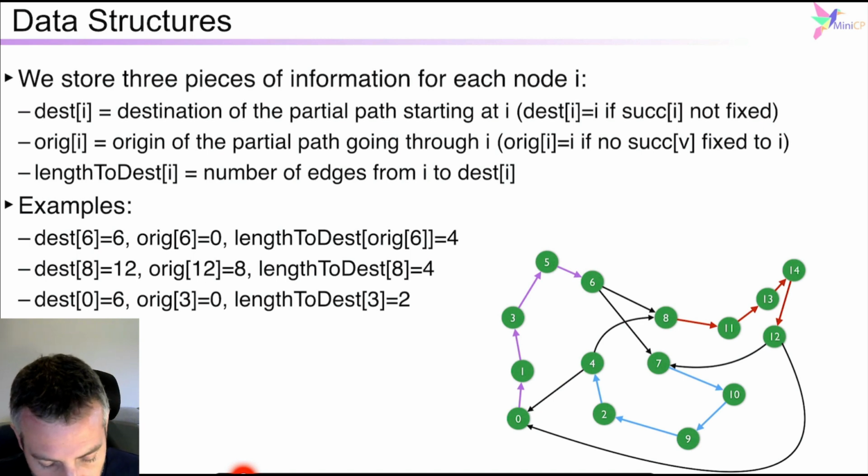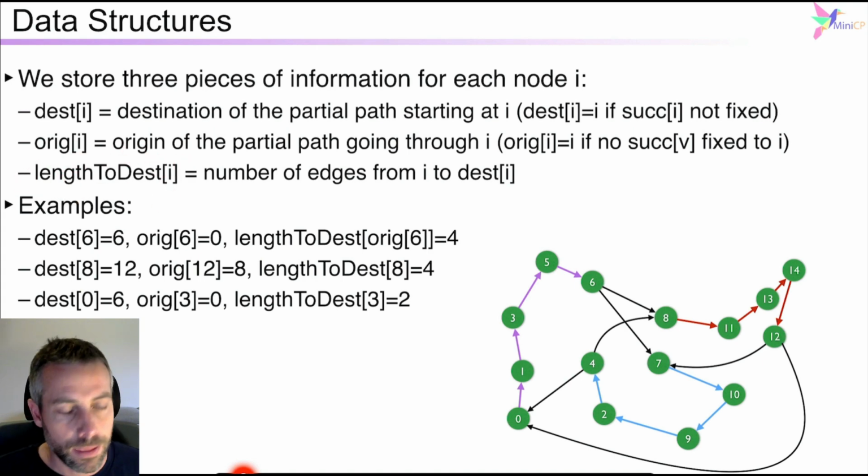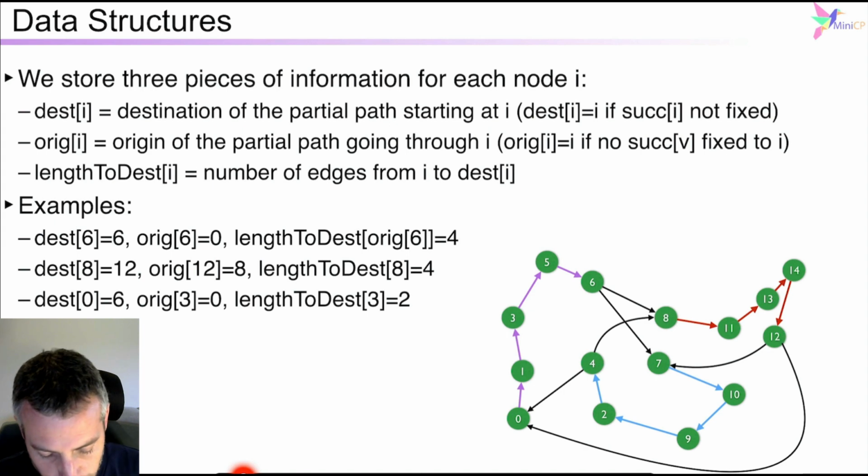Then we will also store the origin of the partial path for each node. And finally we have the length to the destination of the partial path. Let's consider one example to make sure that we are on the same page according to the values that I just introduced.